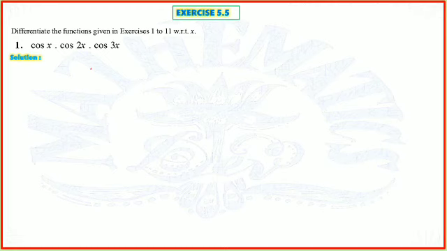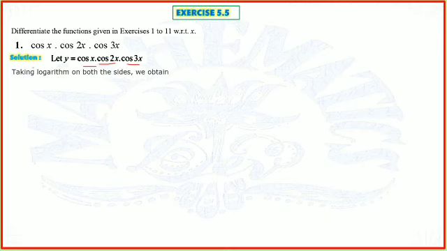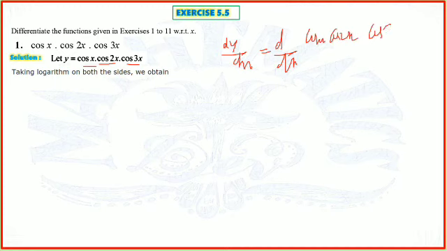So here we proceed, let y is equal to cos x, cos 2x, and cos 3x. Then taking logarithm on both sides, I already told you, you can do it this way also: dy upon dx is equal to d upon dx of cos x, cos 2x, and cos 3x.